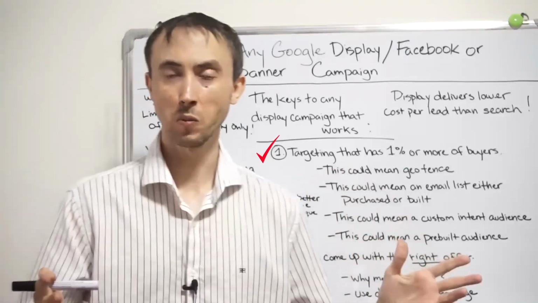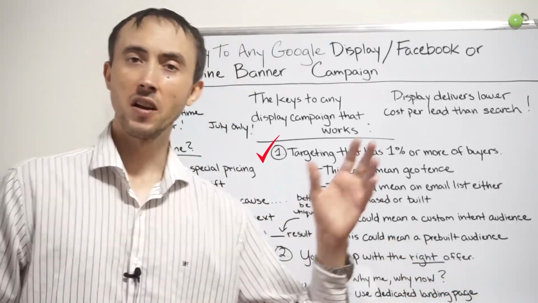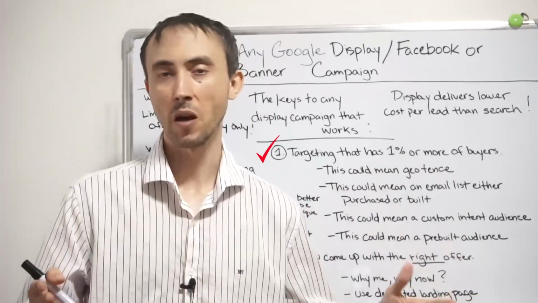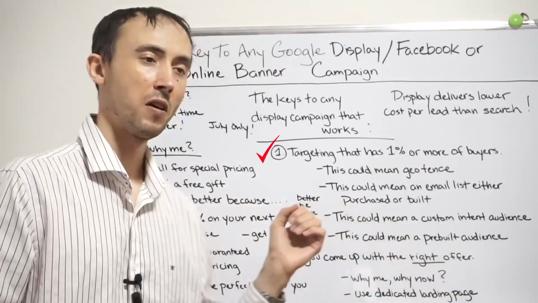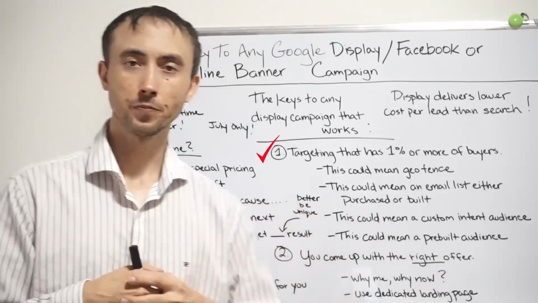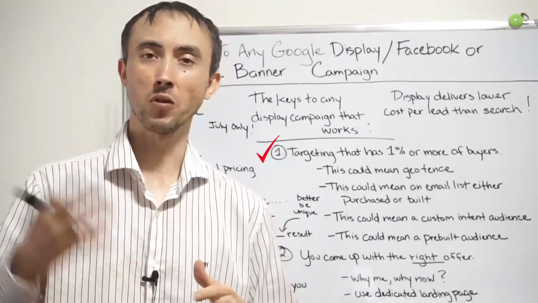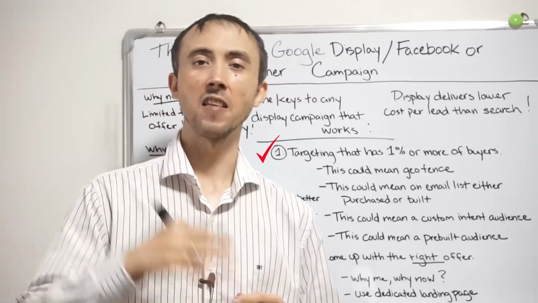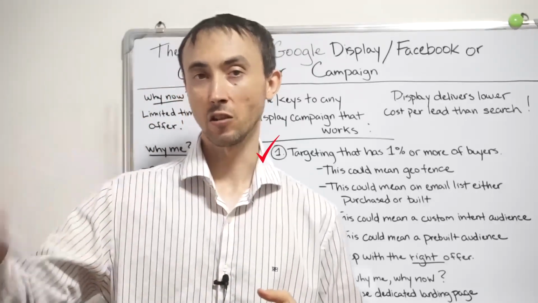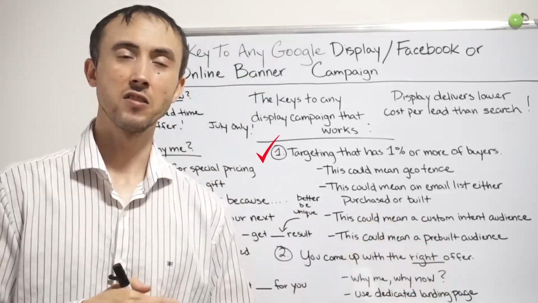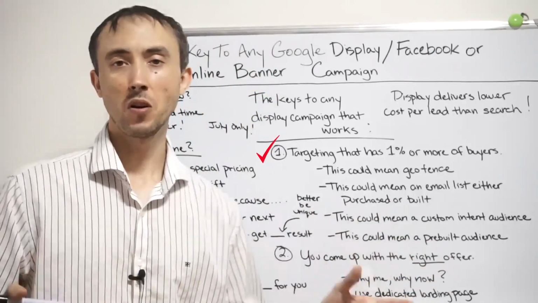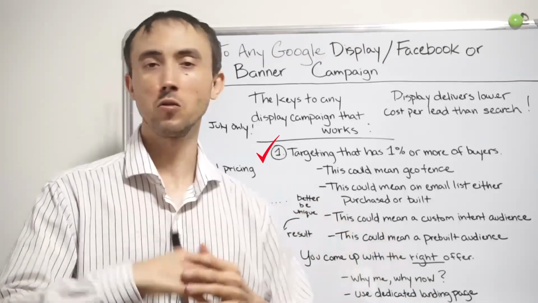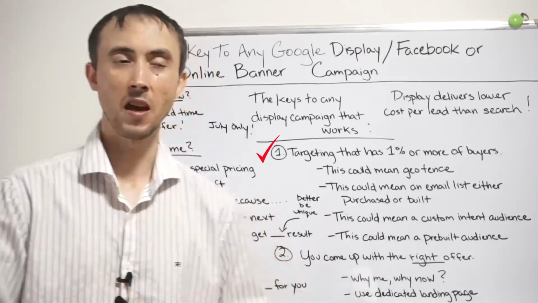As you're setting up Google Display Network ads or banner ads on the web, if you can get a 1% click-through rate, you're generally going to be able to make money, assuming you have the right offer and it's the right people clicking on the ads. You can get anybody to click on an ad a lot of times just to see what's on the other side because they're curious. It's would-be buyers you want. And on Facebook or LinkedIn, if you can get a click-through rate of 2-3%, it's the same kind of thing.